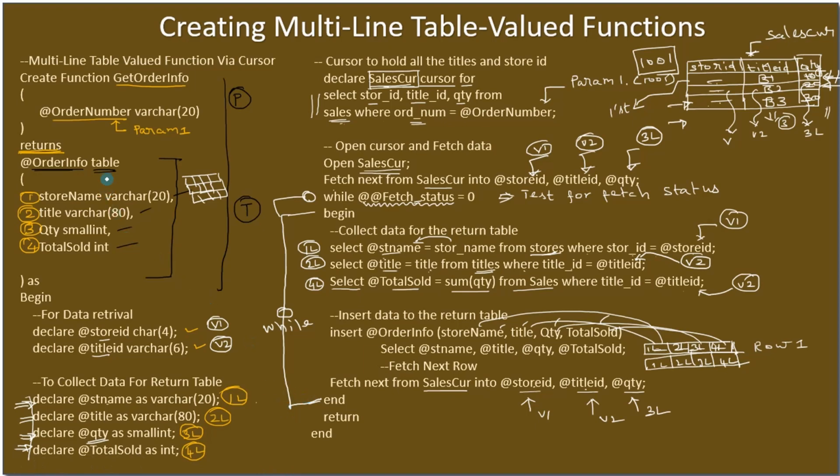While we are coming out, the data table is ready, the in-memory table. The return statement will simply return our order info table to the caller with the filled data, right? So this is a multi-line table valued function, and this function can also be used with the FROM clause as well as in table joins, but it cannot be used in an update statement.